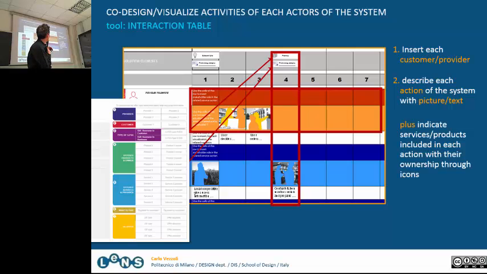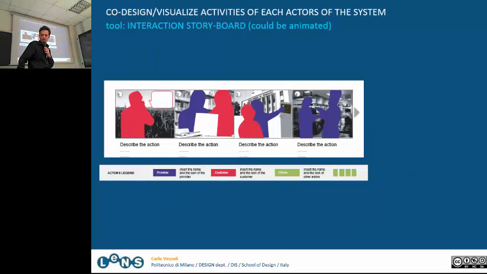Then you will also insert the product that some actors are delivering in a certain action, emphasizing the ownership of it, because again, this is important. Then you will be asked to make a storyboard.